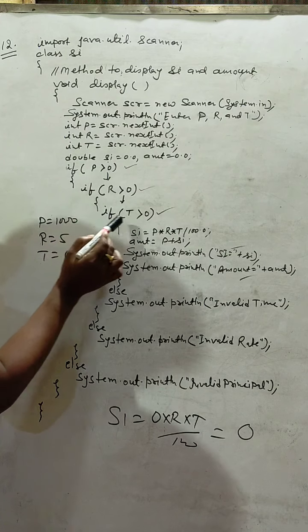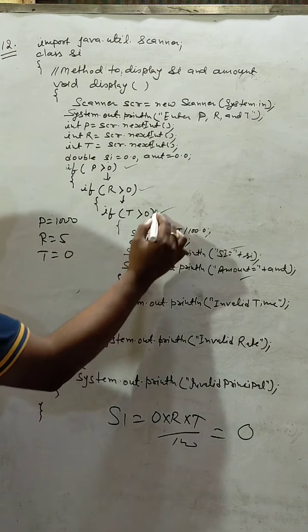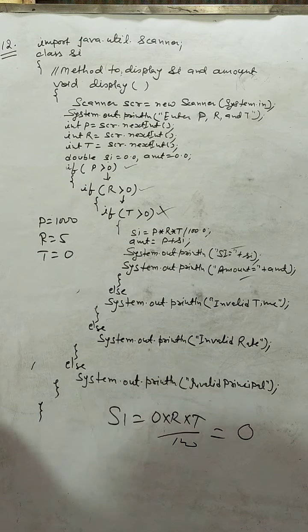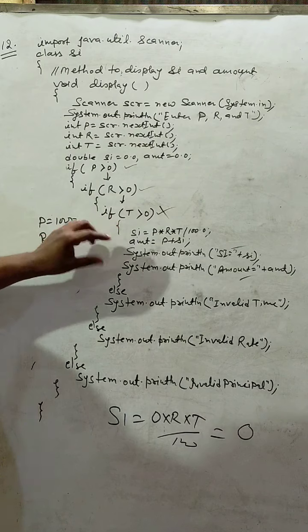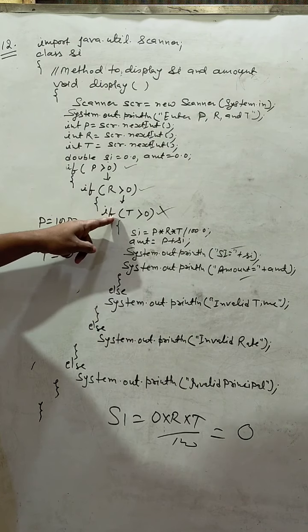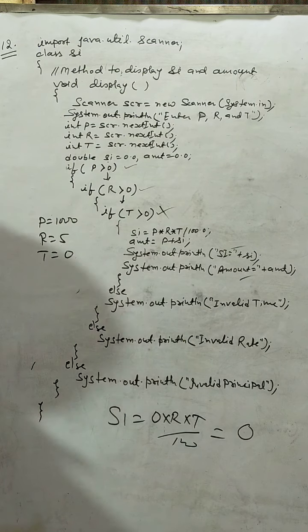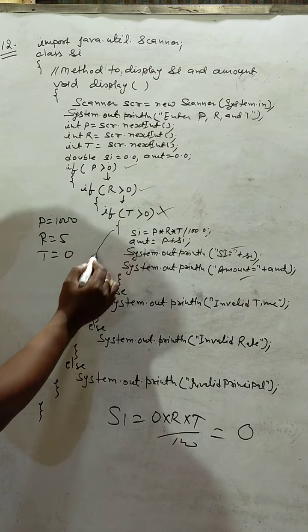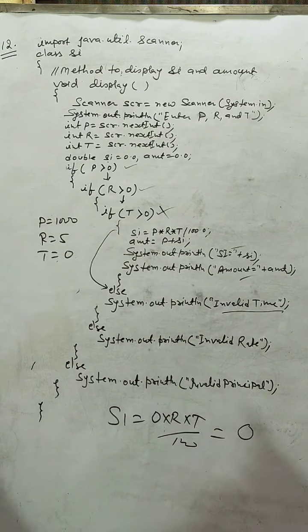Again it will check if T greater than 0, where T equals 0. So this condition evaluates to false. Therefore, all these statements under this if will not execute. So the control transfers to the else part and prints invalid time. See, time is invalid.